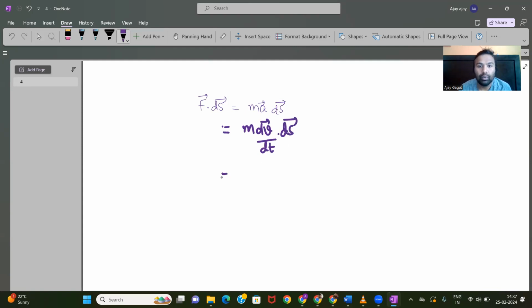I can write this expression as mass into dv times ds by dt, and ds by dt is actually the velocity. So I can write this expression as m into v into dv.